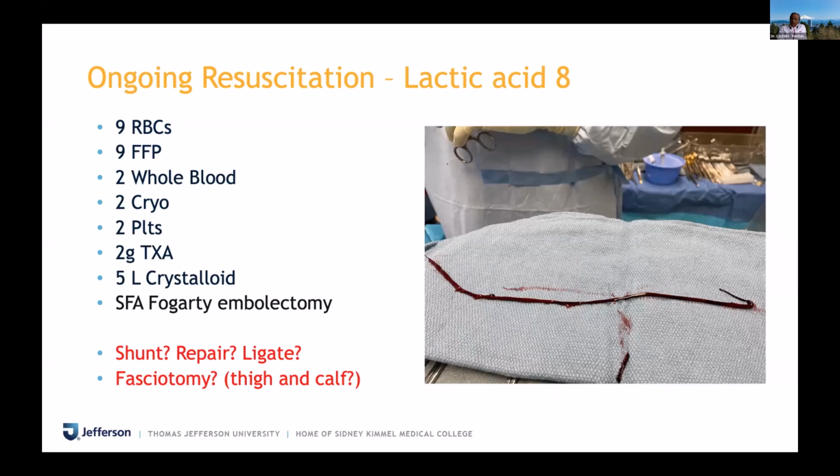In the meantime, I would shunt the SFA, put an Argyle shunt in there while you're getting ready. I would go ahead and harvest the long saphenous vein from the opposite side and use it as an interposition graft to repair the vein. I'm not thrilled to ligate the vein in a case like this.